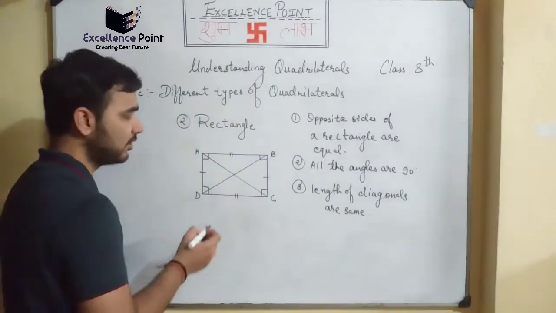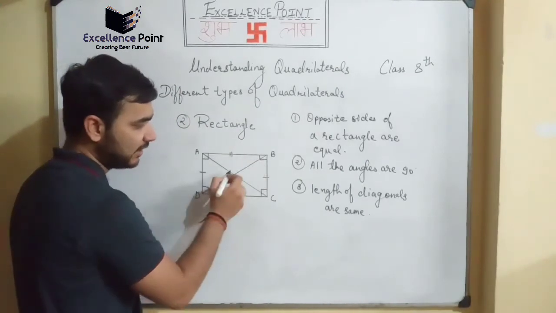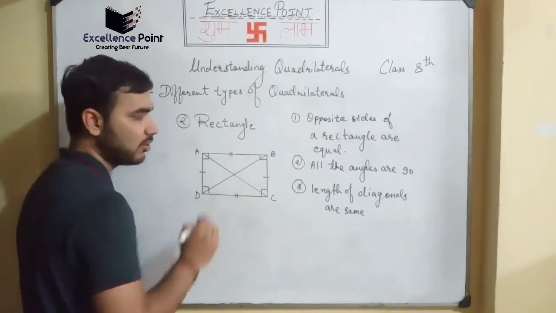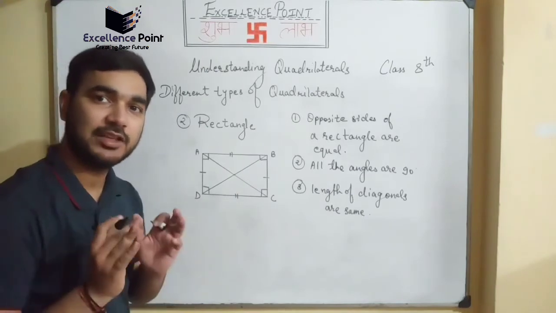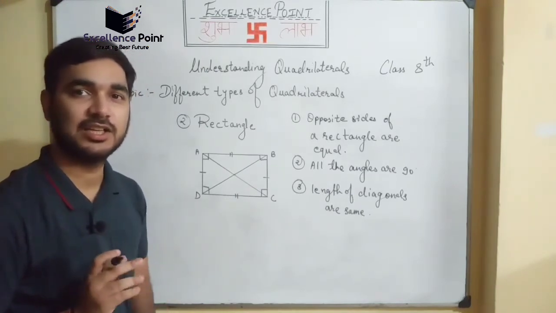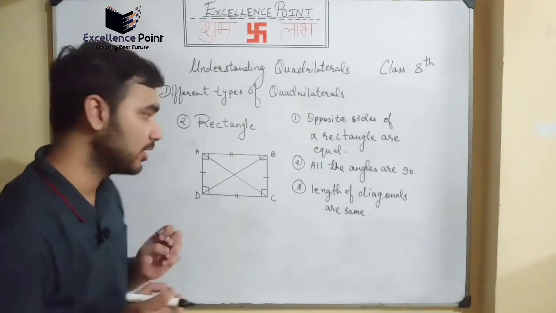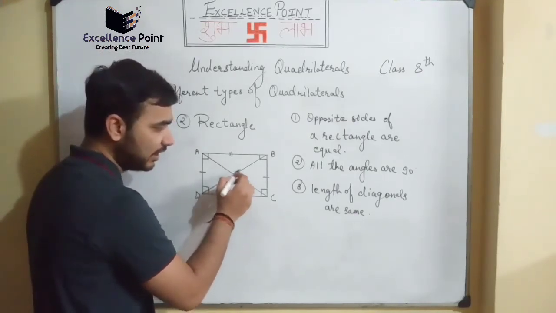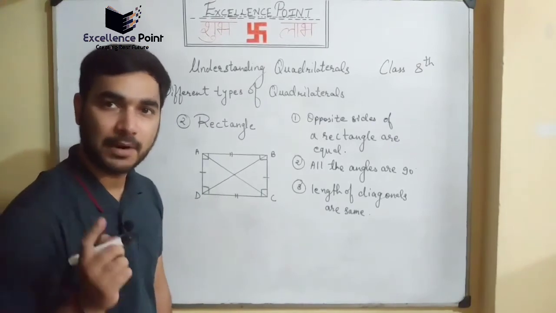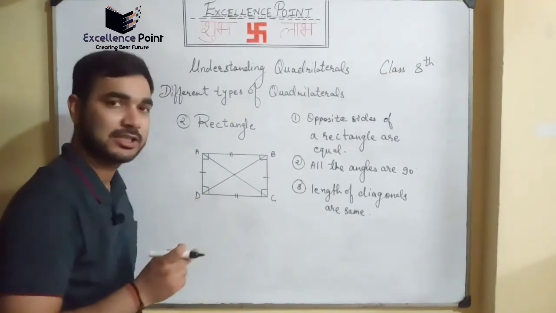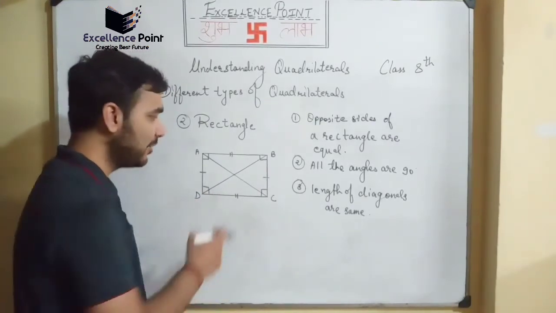Now you will observe that it is not necessary that the angle between them is 90 degrees. If the angle between them is 90 degrees, we can say that at that time the rectangle will be a square. But now you will see that the angle is not 90 degrees, but does it bisect, yes or no? Yes, it bisects.